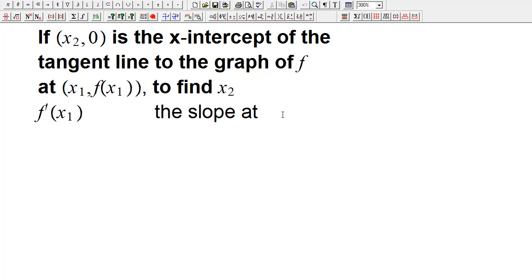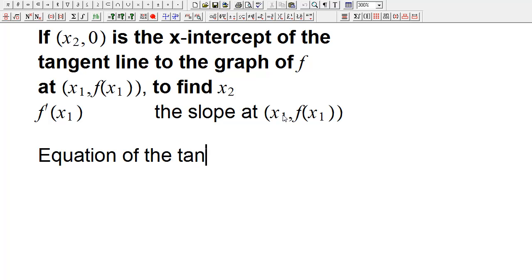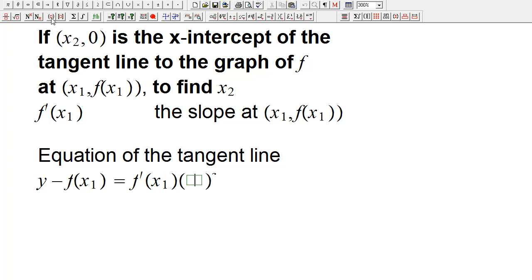So the equation of the tangent line will be, going by point-slope form, y minus f(x1) equals f prime, the derivative of the function at x1, times (x minus x1).